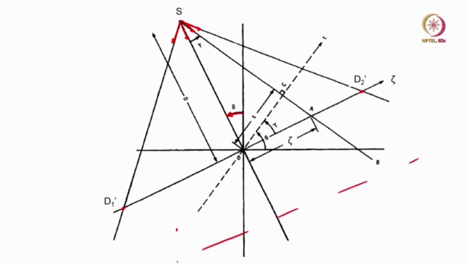Okay. Now, what is our aim now? Our aim is, let us say we have one ray coming like this that has some value of the parameter zeta, okay, we will call this zeta naught, and its origin from the same source.